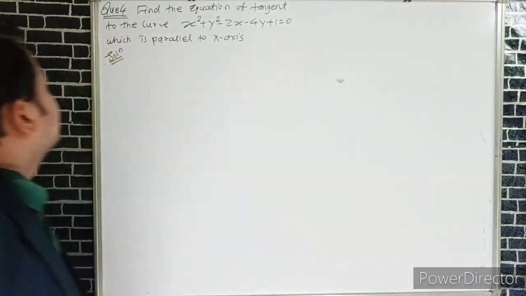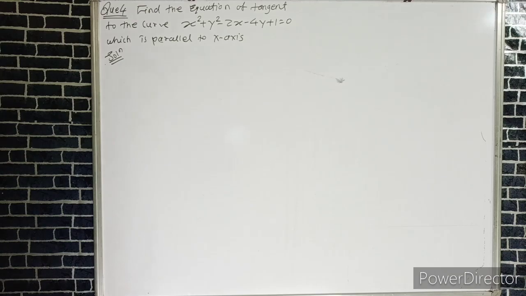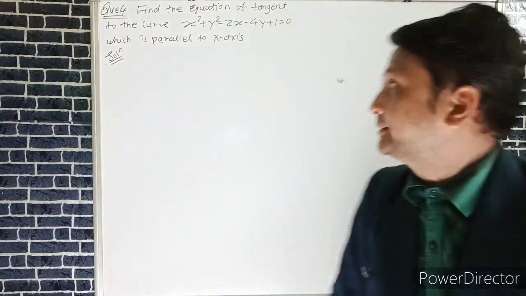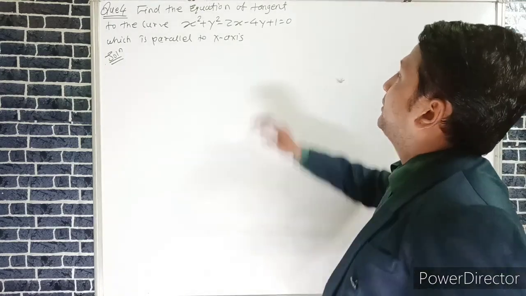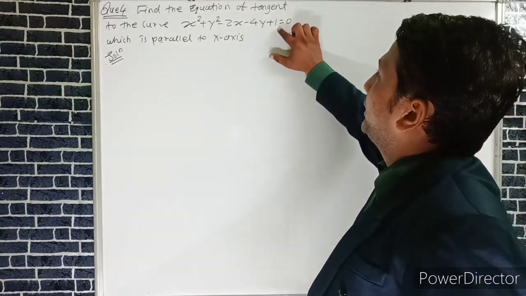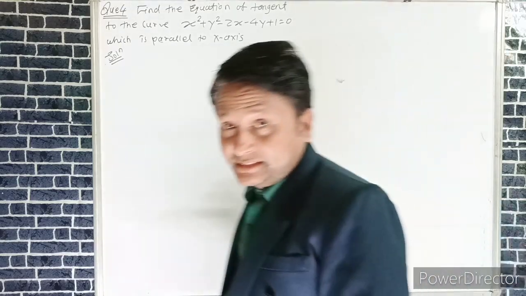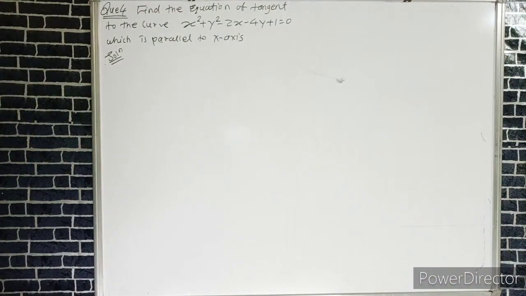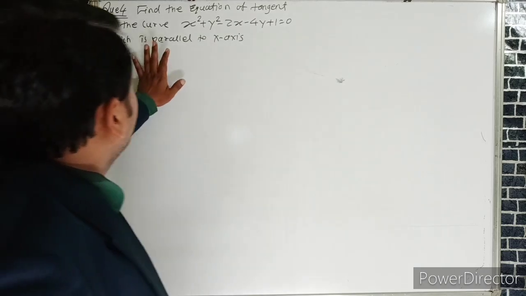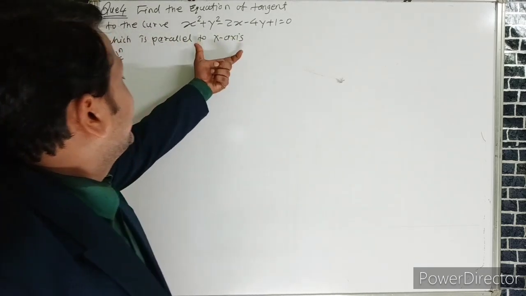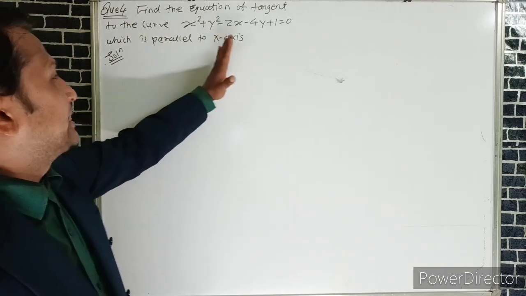Here is question number 4: find the equation of the tangent to the curve, where the curve is given as x square plus y square minus 2x minus 4y plus 1 is equal to 0, and the tangent is parallel to the x-axis. It means that if the tangent is parallel to the x-axis, then the slope of the x-axis is needed.